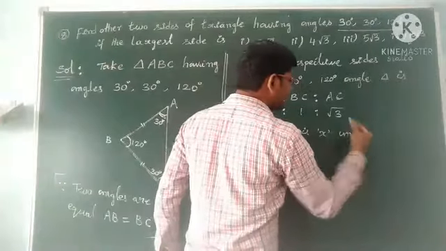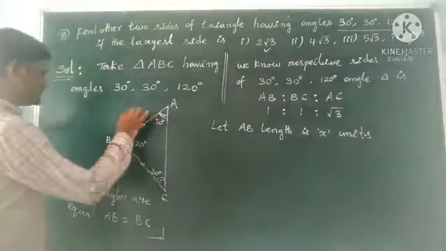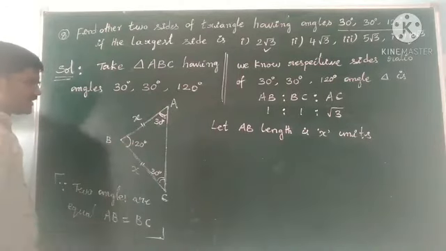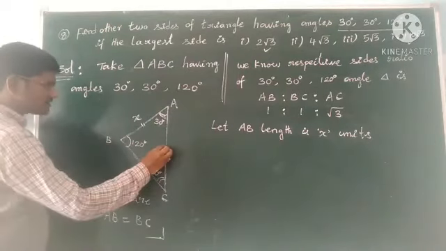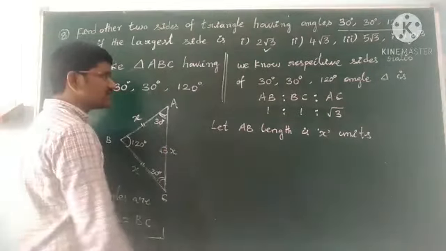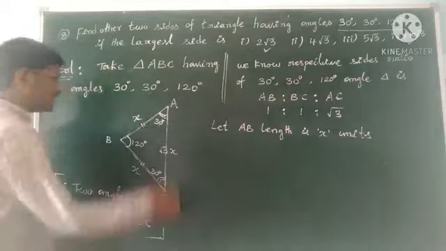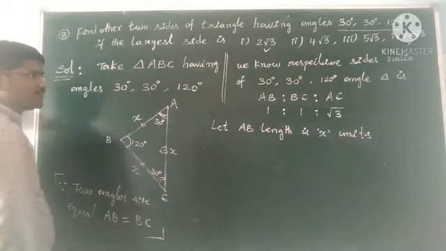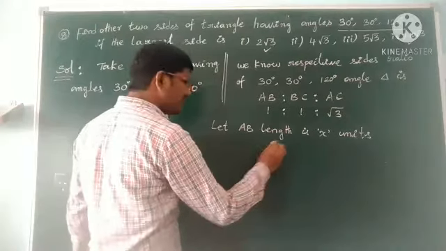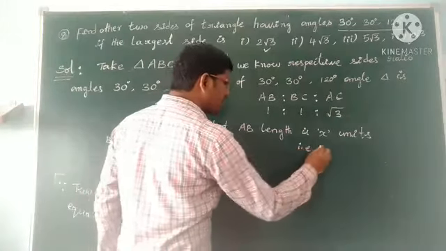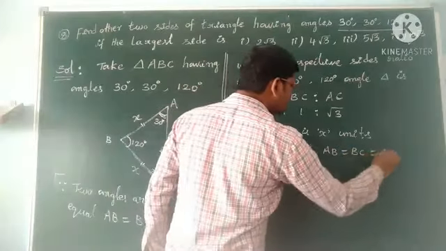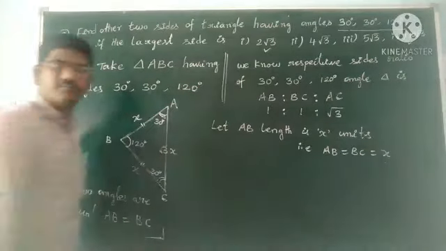If AB length is x units, then BC length is also x, and the longest side is root 3 into x.